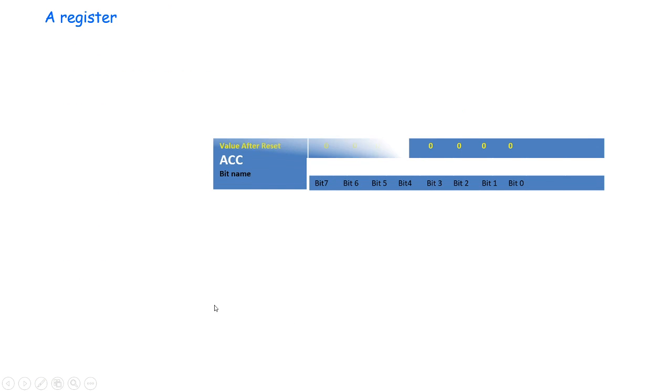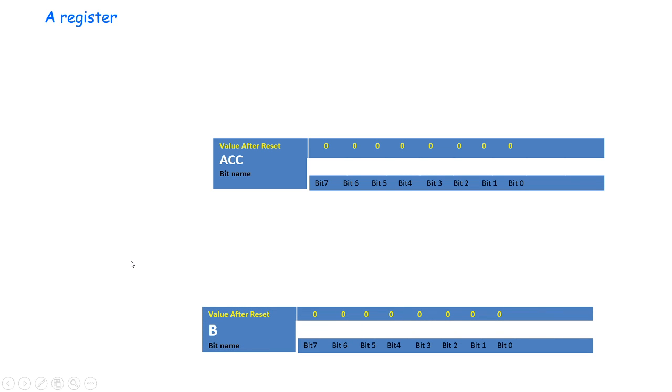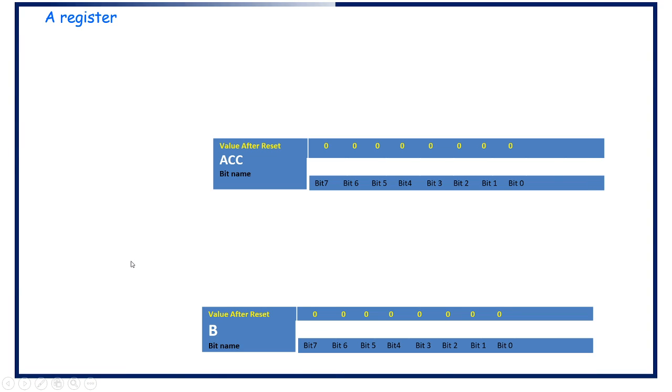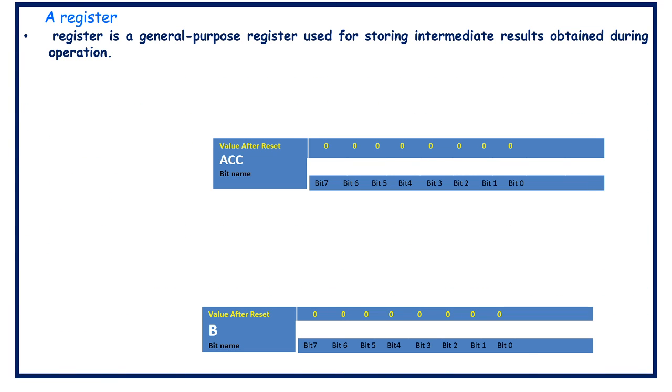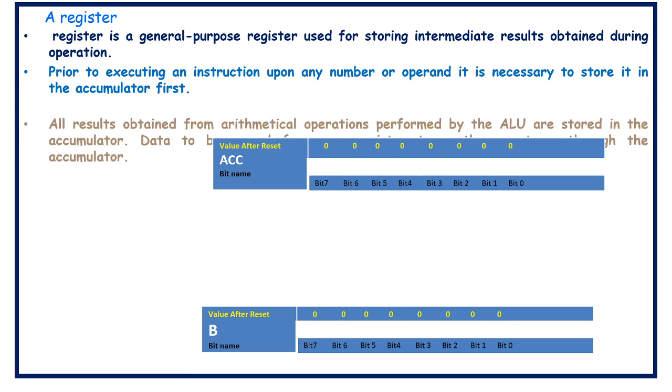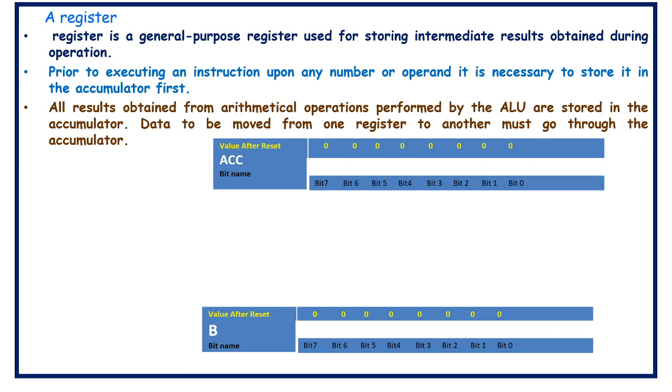We explained register A in the previous video lecture. This is a revision part. Register A and register B, the accumulator register and B register, are 8-bit general purpose registers. Results are stored in the accumulator register. For every instruction execution, the accumulator is needed.